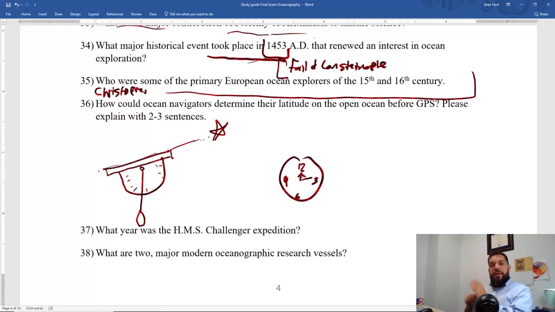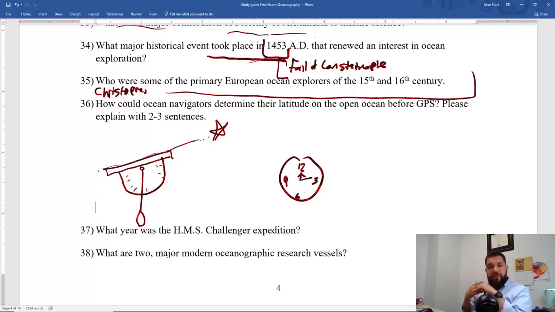Okay, we have noon. Now we're going to start traveling, and they would keep track of when noon was, when the sun was at the highest point in the sky, relative to when it was in Greenwich, England, right? And based on that, if it rose at, for example, 1 p.m. instead of 12 p.m., then that 1 hour of change would be like a 1 hour time zone, right?